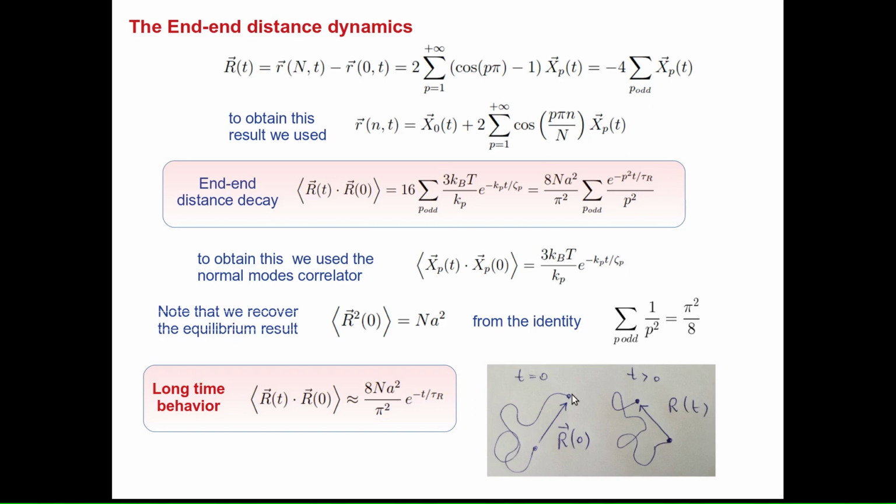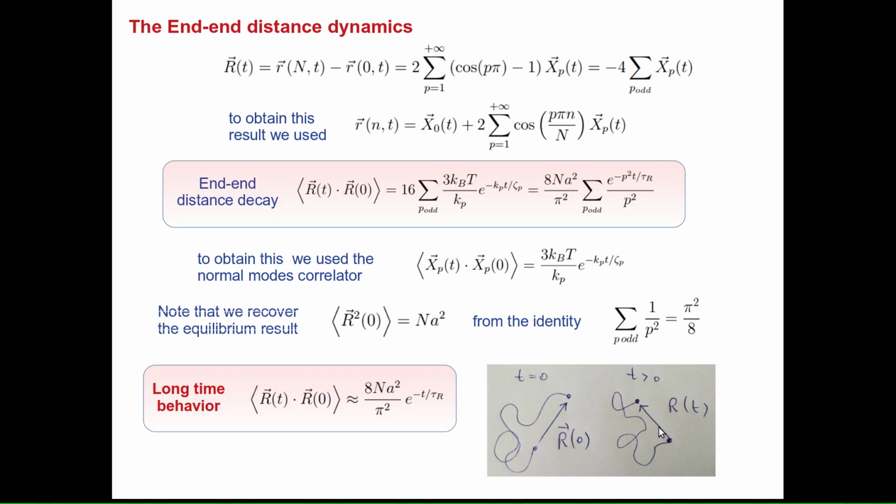We have a polymer configuration at time t equal to 0, and our end-to-end distance is, for instance, this vector r naught, and the polymer moves and evolves in time. The endpoints shift, and after some time t larger than 0, the endpoints will have changed, and we have a vector here. I forgot to put the sign of a vector here.